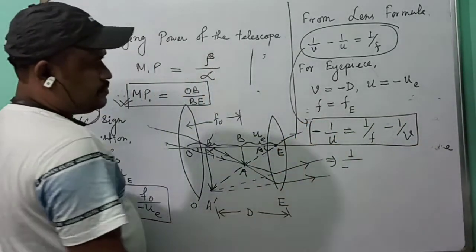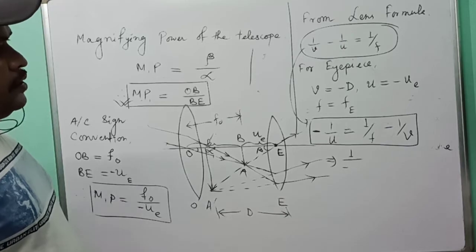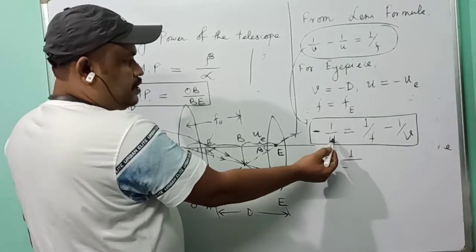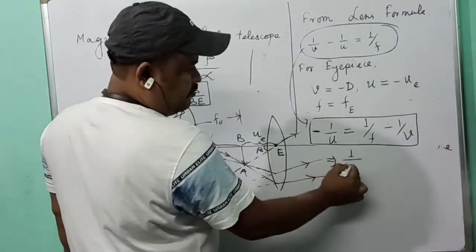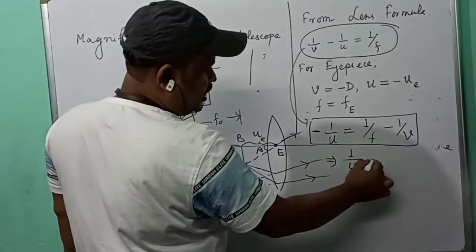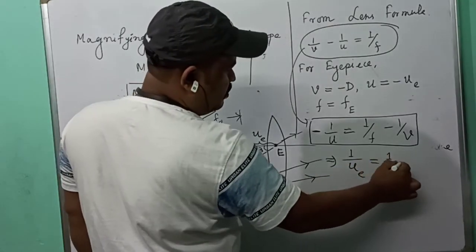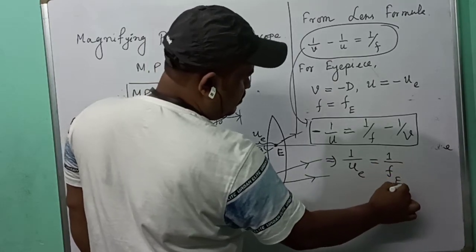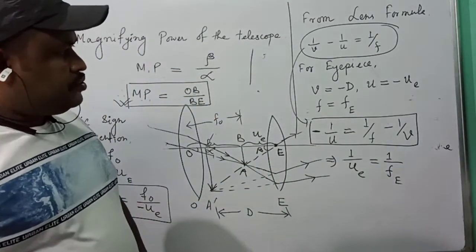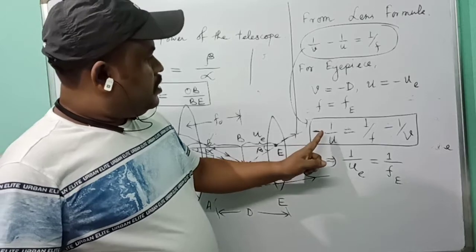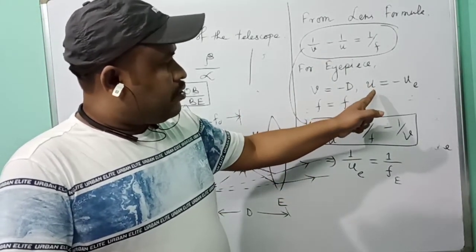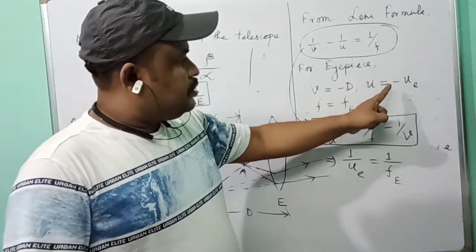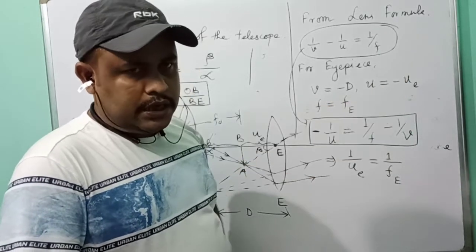This time it will be minus. Here you see U, if we replace it by minus UE, then finally it will become plus, F will be FE. Understood? Here is the minus sign from the equation, and according to sign convention, U is minus UE.